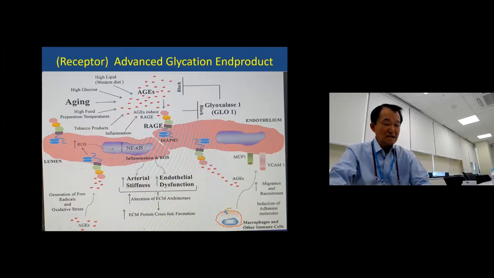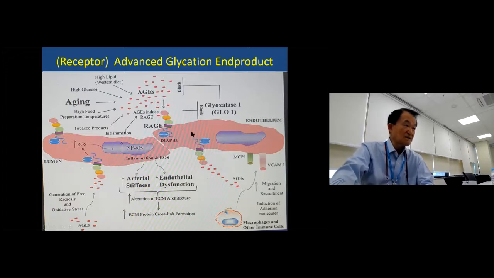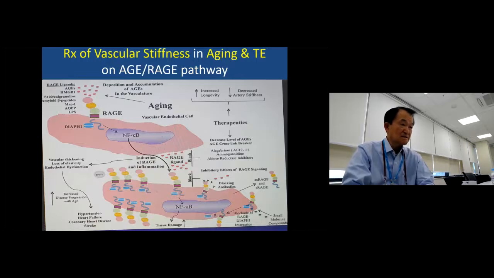Other immune cells are also malfunctioning. So all this together makes advanced disease, similar to the other one, with a continuous pathway triggering tissue damage. And certainly hypertension, heart failure, coronary artery disease, and stroke can occur together with this.